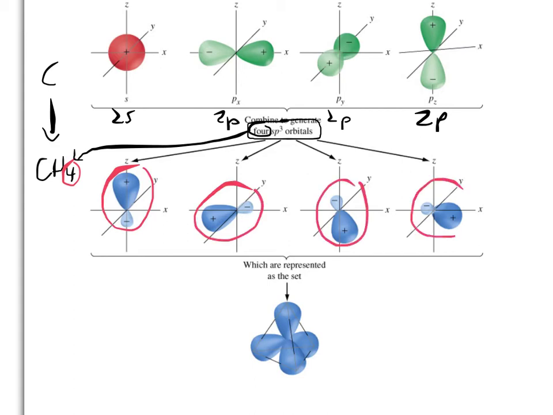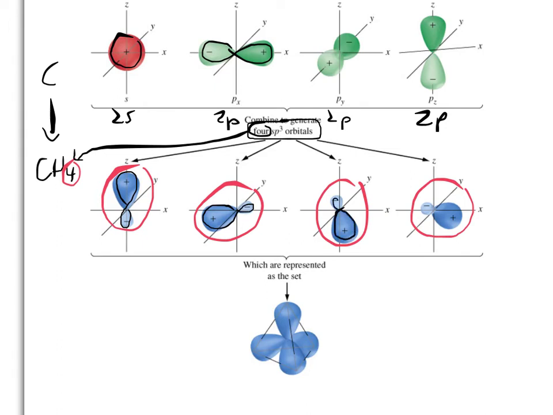The only thing that's different is their arrangement around the XYZ axis. Okay? And as you can kind of tell, they look kind of like a blend between the dumbbell-shaped p orbital and the spherical s orbital. They're just kind of elongated on one side and shorter on the other side.